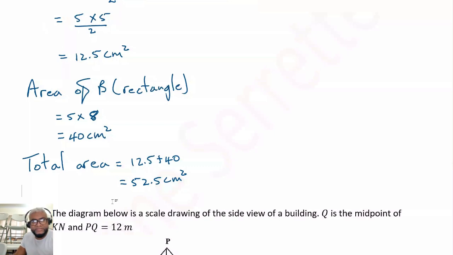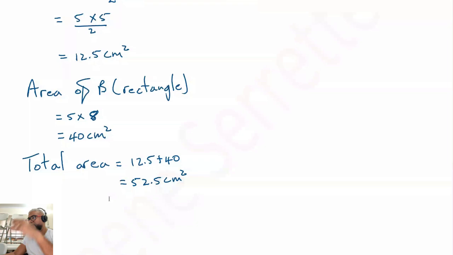Right, that's my total area. The question has asked me for area alone.